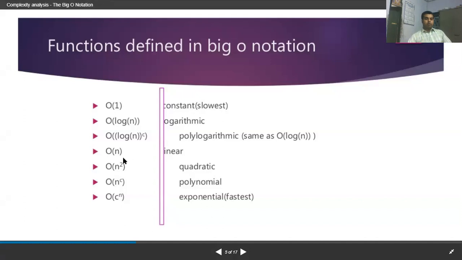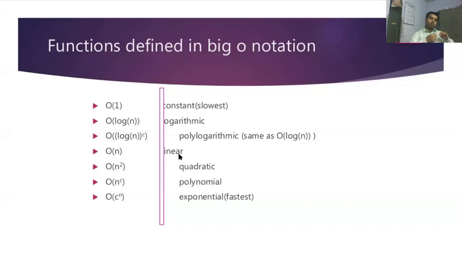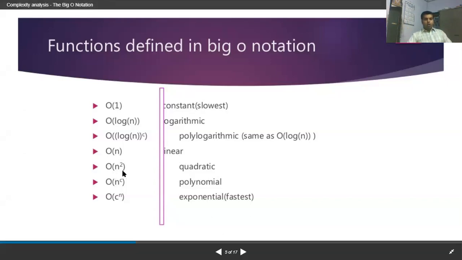O of n is linear. Linear means you have just a constant flow of data. It is just progressing, with no stoppage or hanging around in a particular function or process. It just keeps on increasing. O of n square is known as quadratic. Why quadratic?